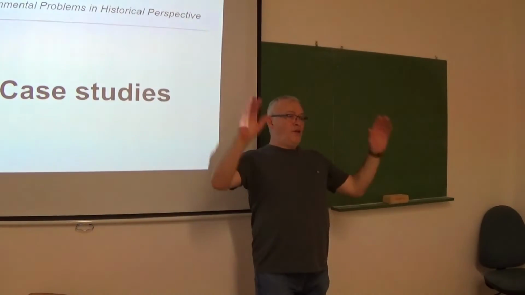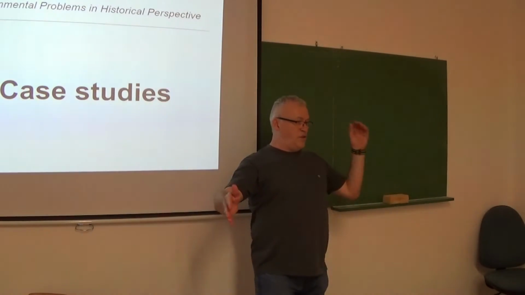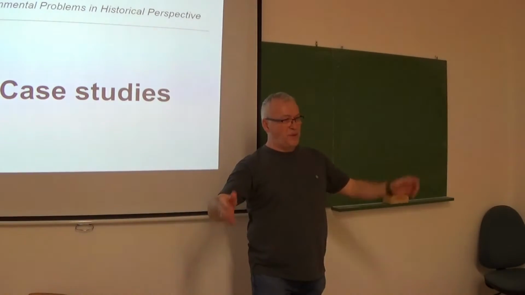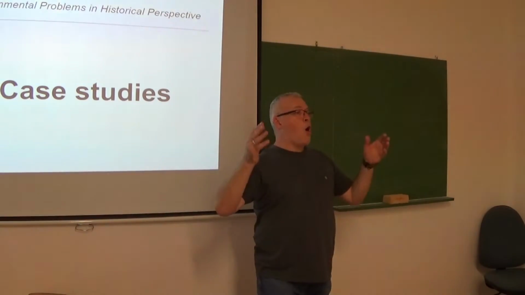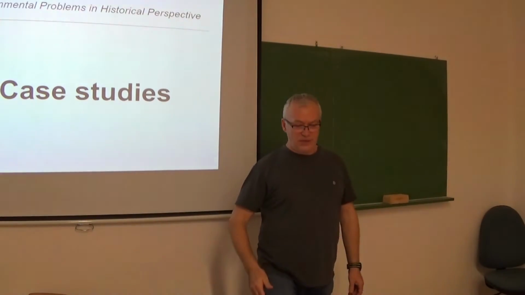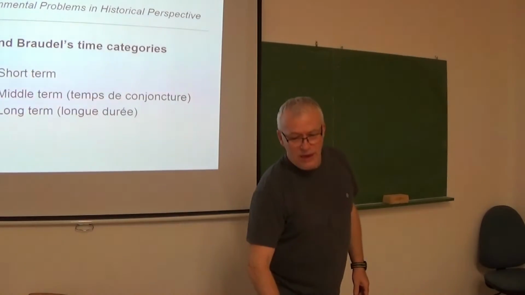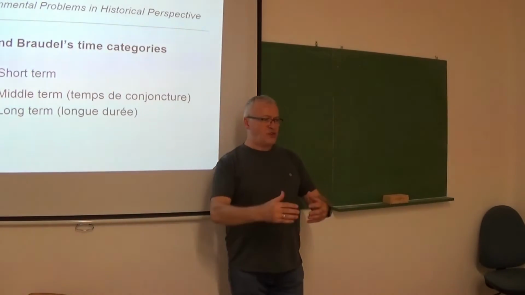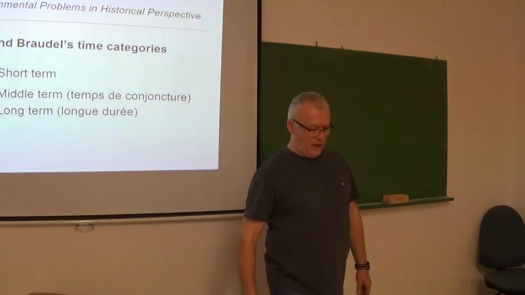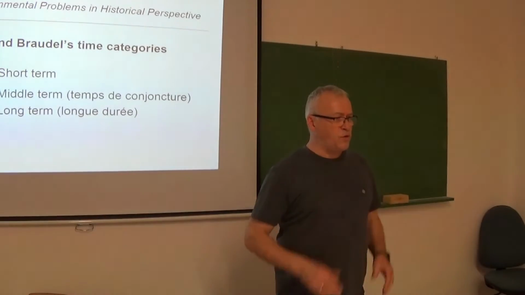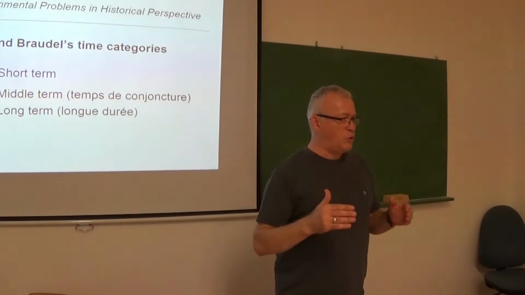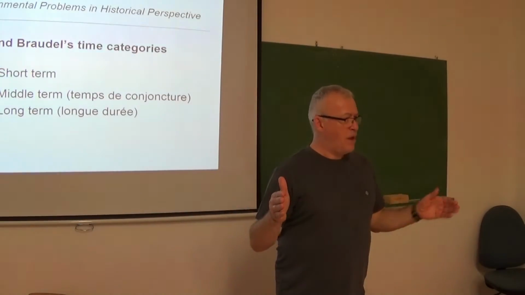Okay, we closed the introduction, we introduced the basic concepts, the basic terms. Look at how we can use them in a real situation. If we are looking at the real interaction between physical environment and society, we have to separate according to terms.